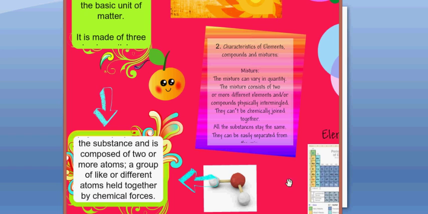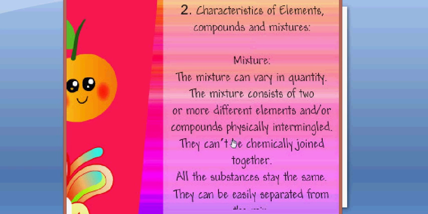That is a compound. For example, see this, a compound of any kind of elements. Now, if you focus on the mixture, what is a mixture? A mixture can vary in quantity. It consists of two or more different elements or compounds.